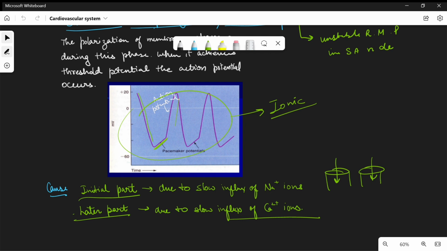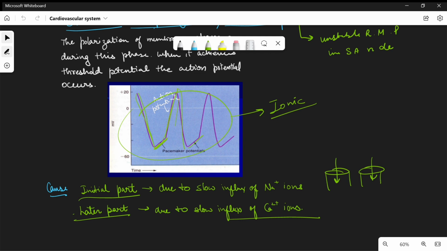Then comes the calcium channels' role. They start opening, and at the beginning there is a slow influx of calcium ions causing further depolarization at a slower rate. It forms the later part of the pacemaker potential. Hence how this graph is formed: pacemaker potential, action potential, depolarization, repolarization. So the initial part of pacemaker potential is due to slow influx of sodium ions and the later part is due to slow influx of calcium ions.